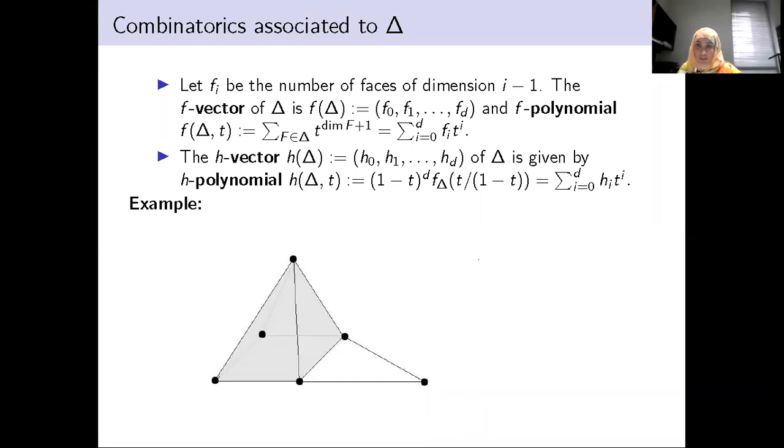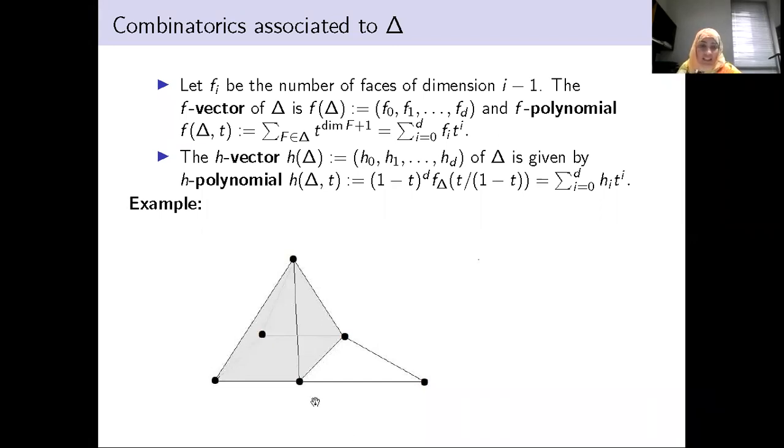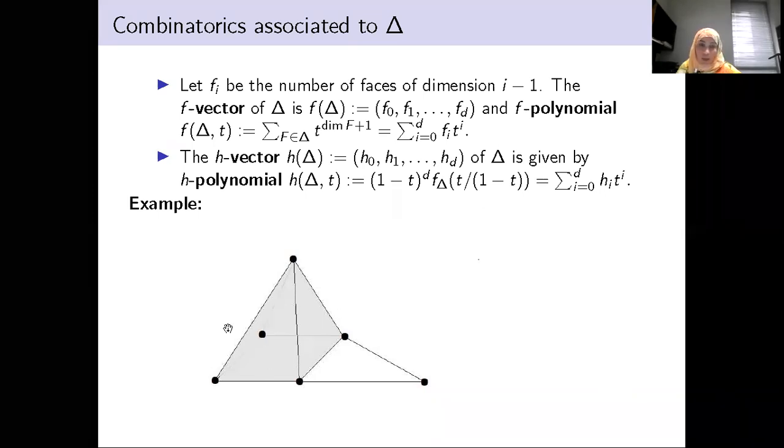How many edges are there? 10 edges. And the number of faces of dimension 2? 4. Okay.